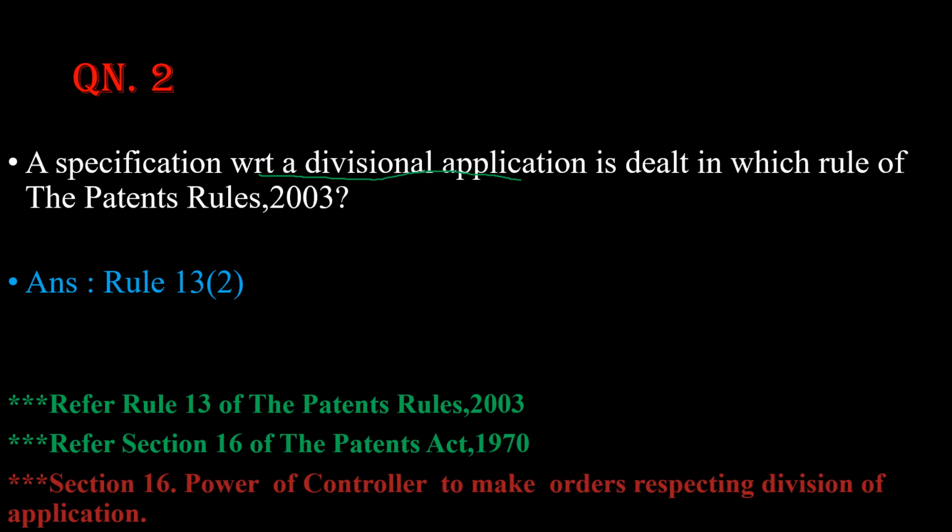The question is, where is it written, in which rule? So we can answer that it is Rule 13 sub Rule 2. For this, please refer Rule 13 of the Patents Rules 2003 and Section 16 of the Patents Act 1970. Fine. Now I hope it is clear and you can very well remember the answer.